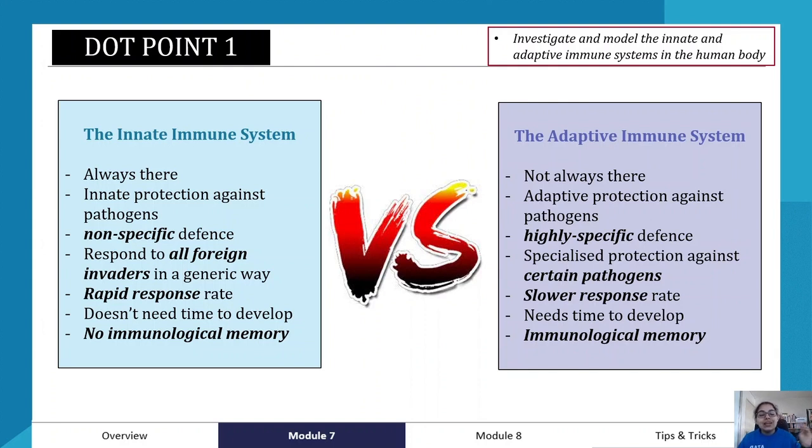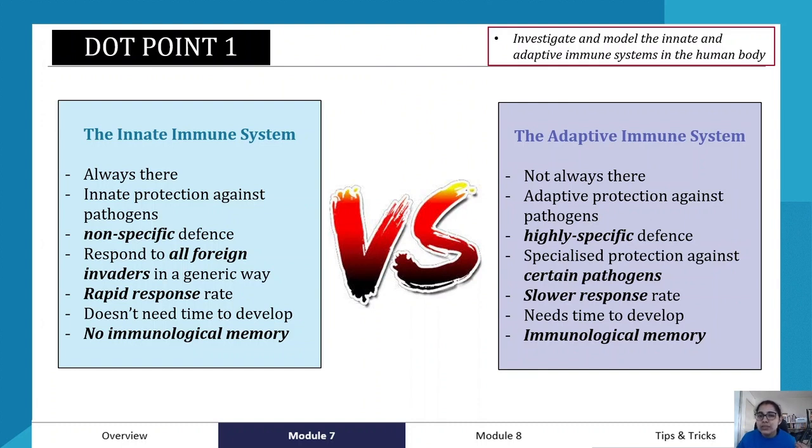Which is why it responds to everything in the same generic way. Now we will look at adaptive immunity, but before we do that, just consider that firstly, it's not always there. It gives us adaptive protection against pathogens.